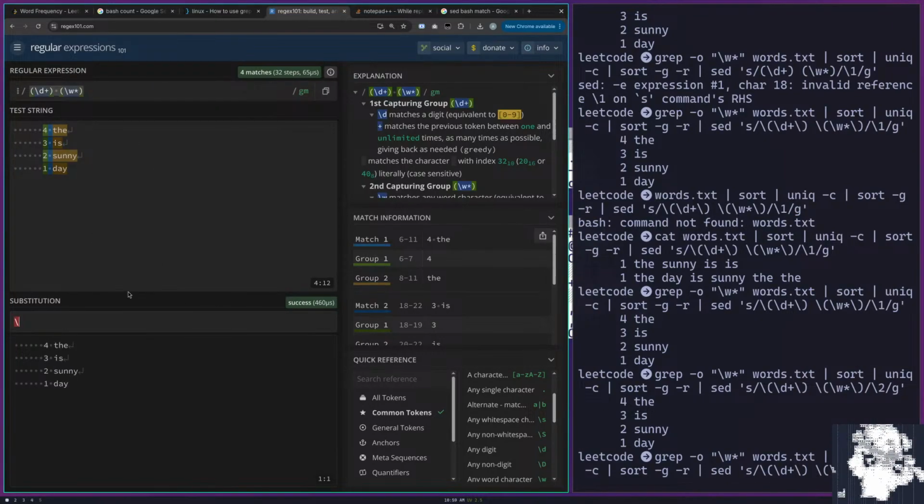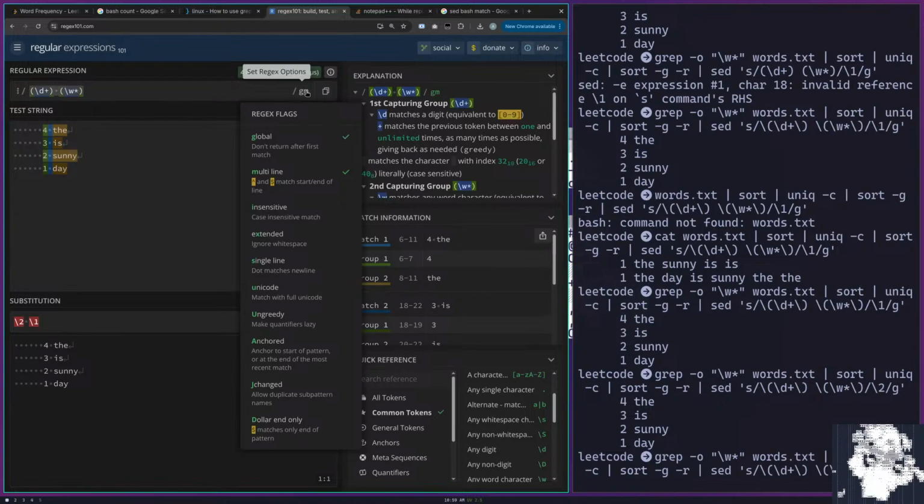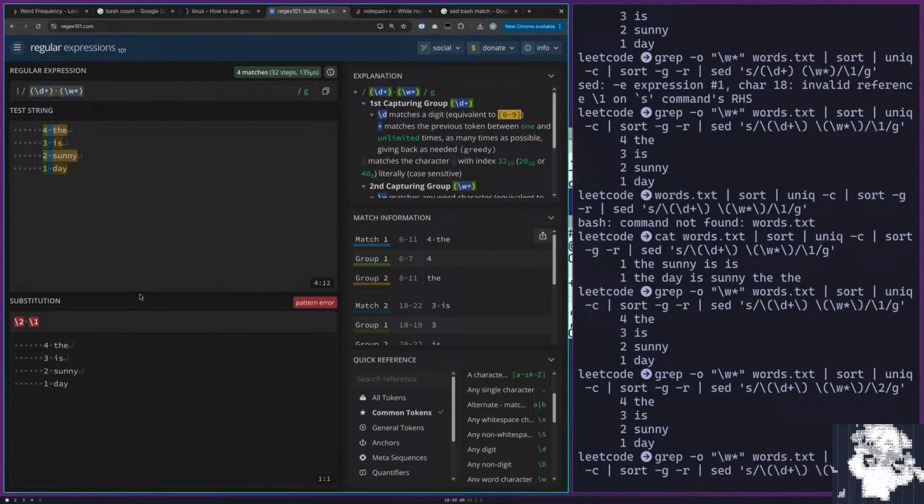So this replacement value /2/1. So it doesn't like this. Why is that a pattern error?